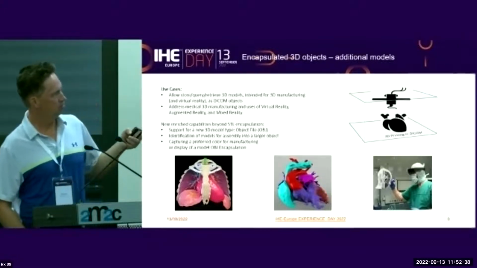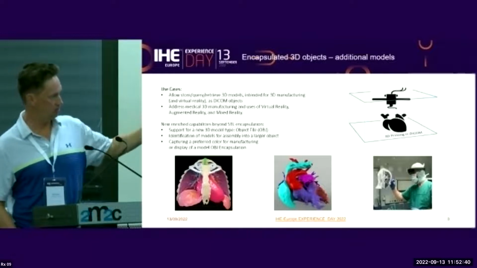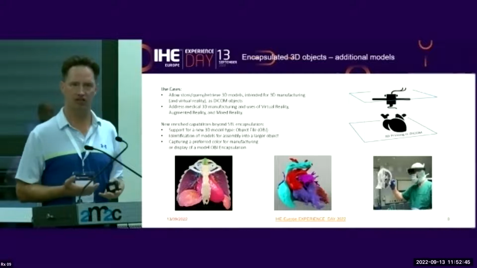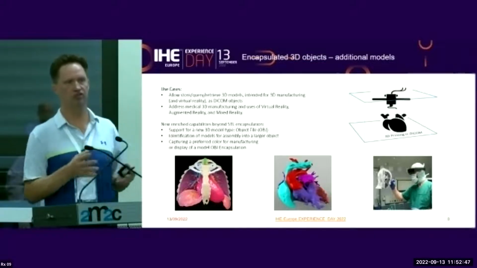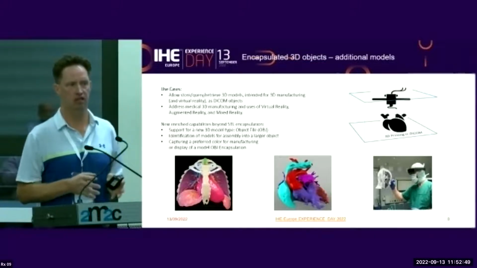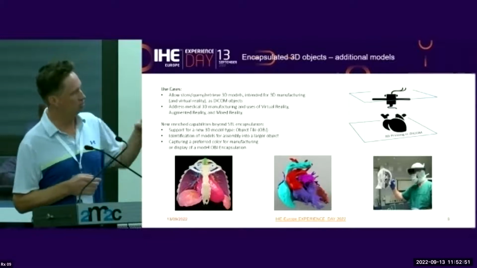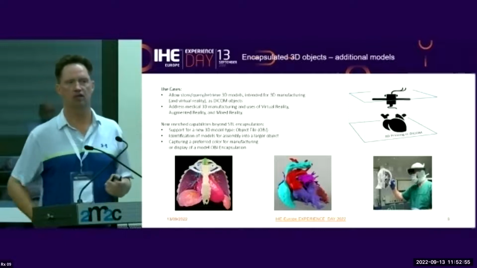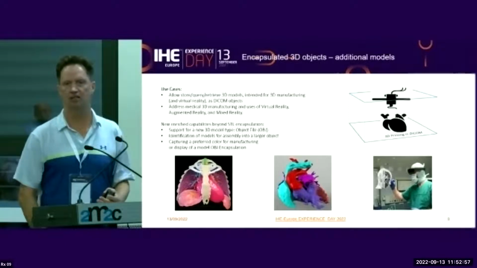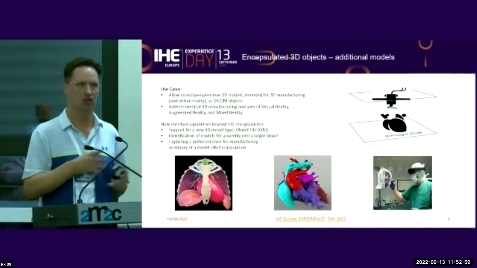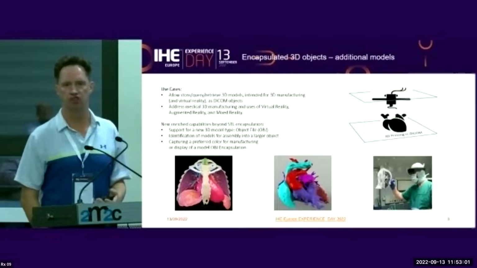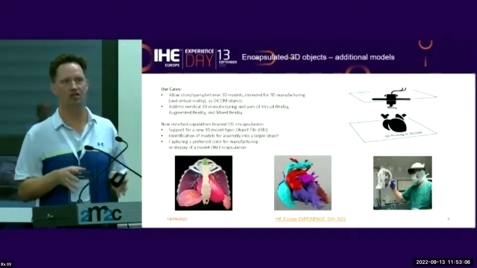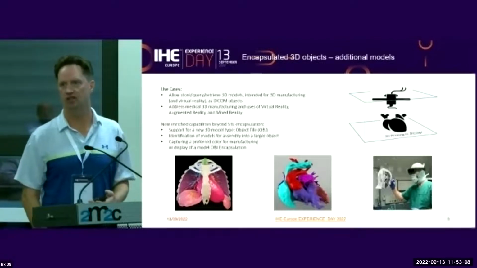So it's now possible to print these kind of organs, which can be really useful if you want to plan surgery, or if you want to talk with different people in the clinic about how to do something. But also if you look at the third picture there on the right, you can have these virtual reality glasses and so on, and then discuss how we're going to perform this procedure. So this is definitely a side track within DICOM, but it's also really nice to have it in a standard way.